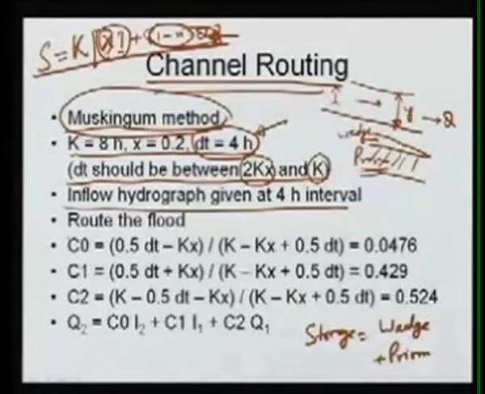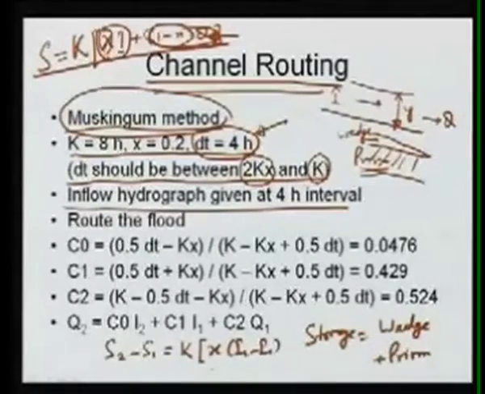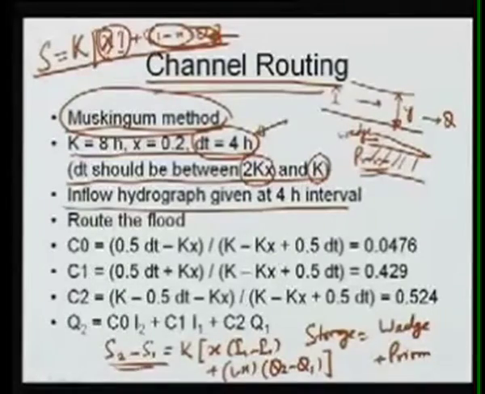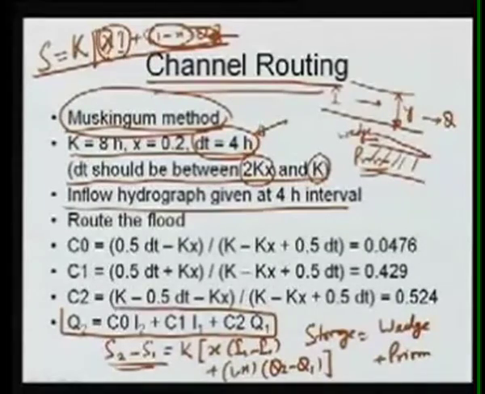Now in the Muskingum method, the equation which is used is basically the same equation, but the change in storage is written as I2 minus I1 plus 1 minus x times Q2 minus Q1, and using this storage we can write an expression relating the Q at the end of a time period with inflow I2 at the end of the time period, I1 at the beginning and Q1 at the beginning.